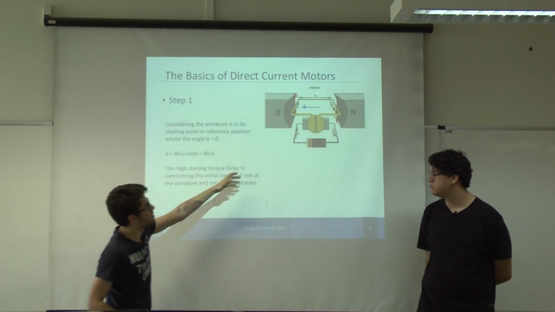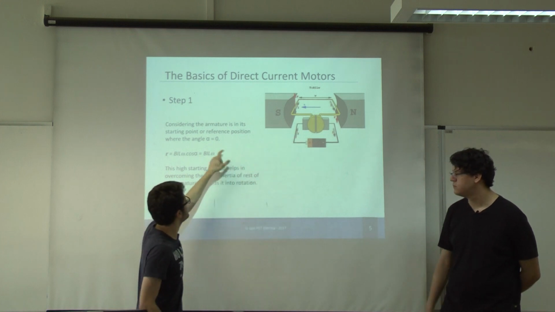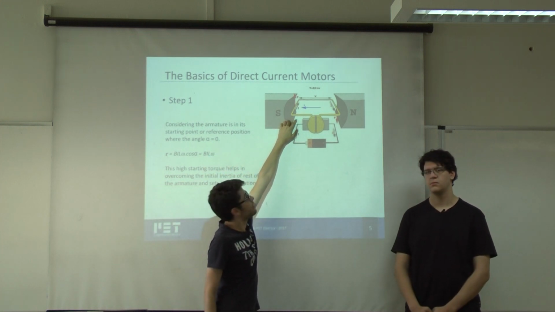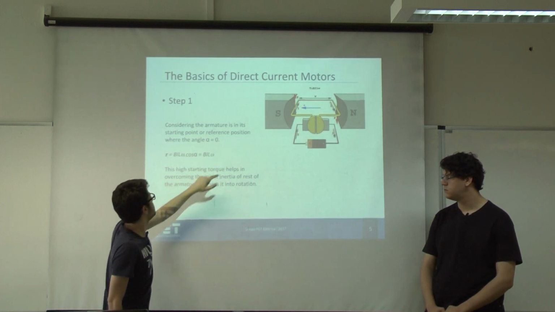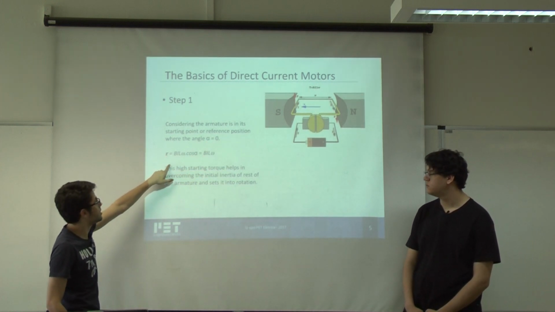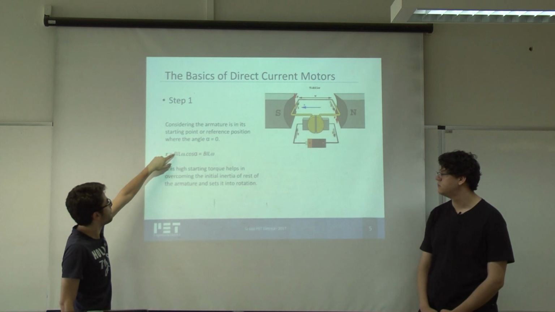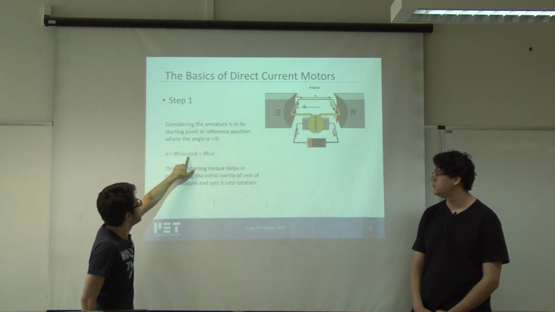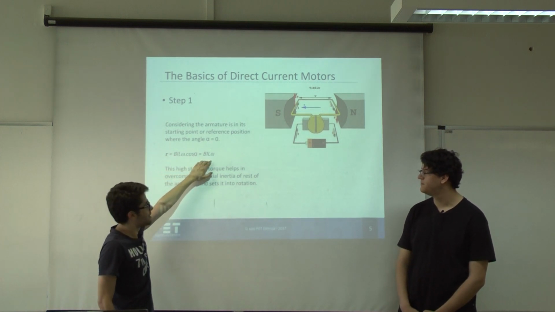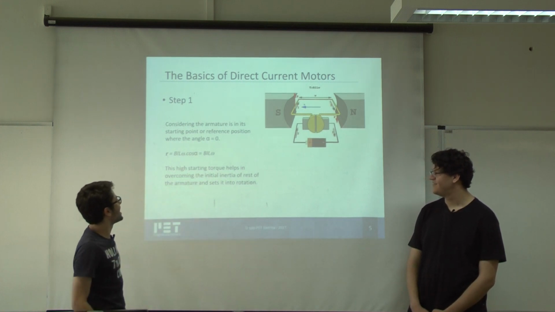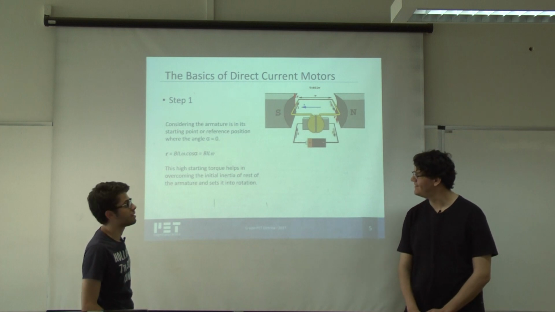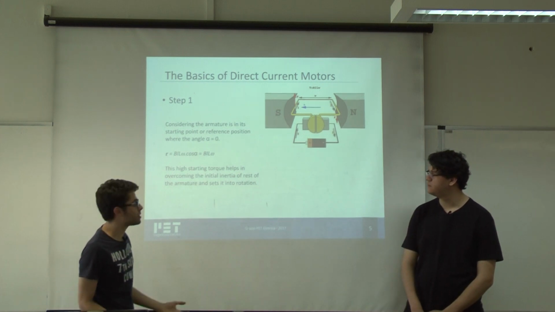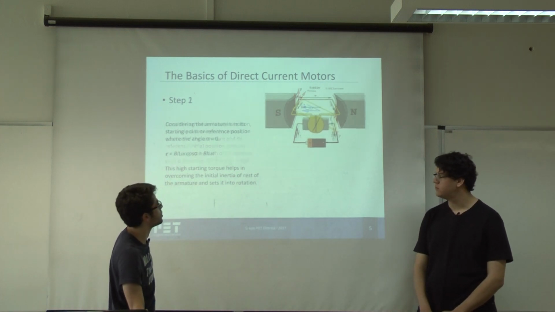So the first point of the rotation is at this angle, alpha equal to 0. The equation for torque is BIL. So this is the high starting torque that will help to establish the rotation of the motor.